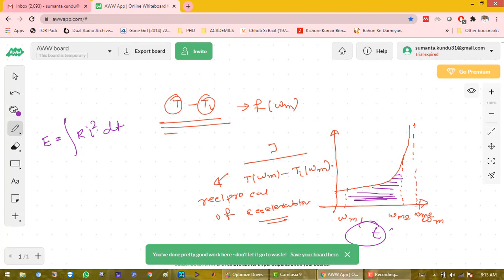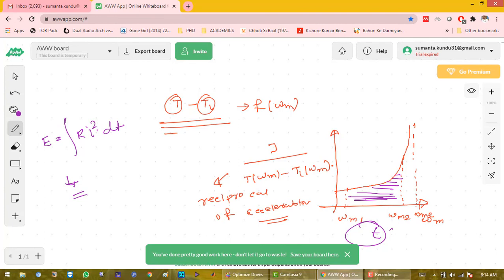So E is the energy dissipated in the motor winding during the transient period. Now we can easily calculate the transient time, and from there the energy dissipation.